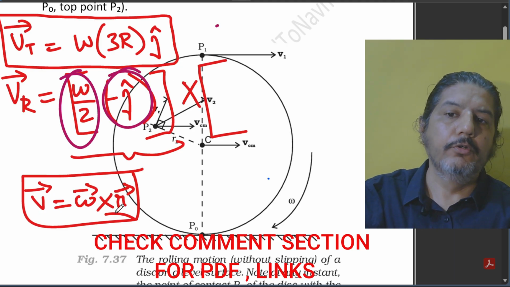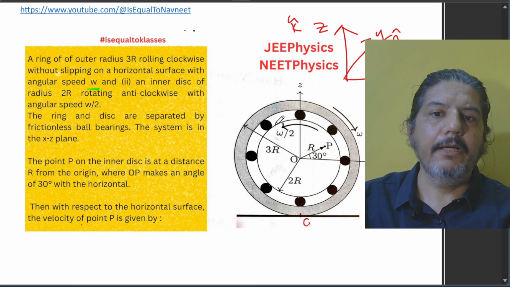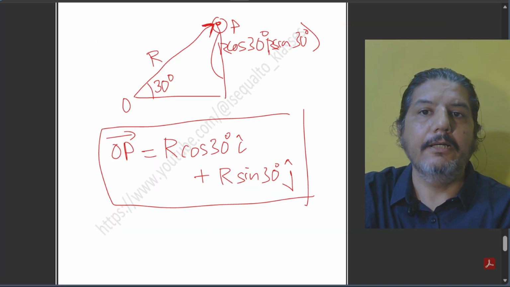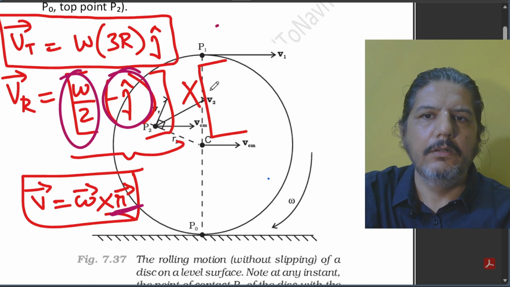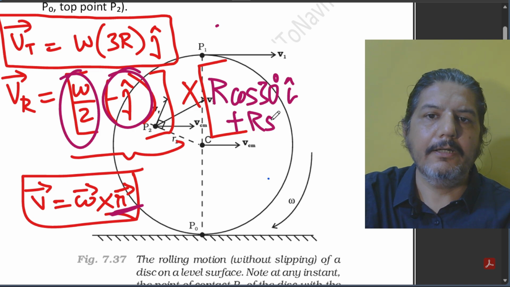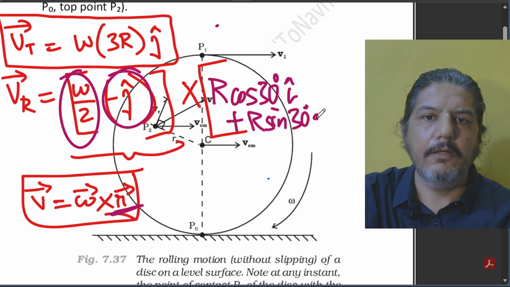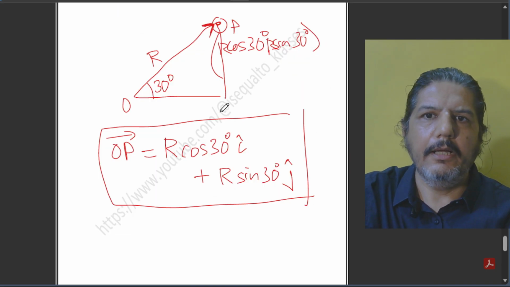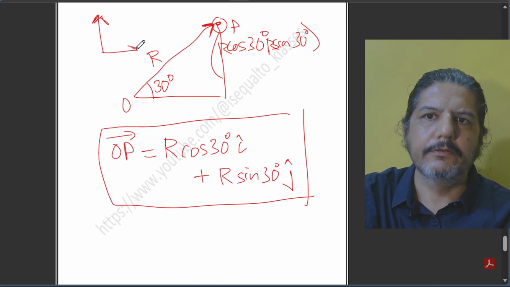The position vector is given by r cos 30 I plus r sin 30. I'm sorry, in our case, our notation is like this.